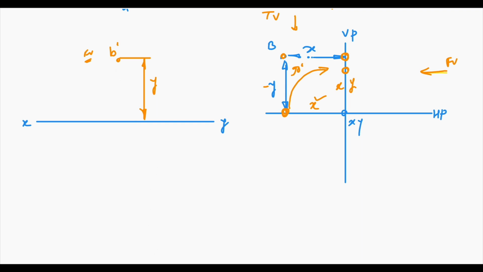So in case of this second quadrant, this is going to be top view and this distance is going to be x. So B dash is front view and B is the top view.